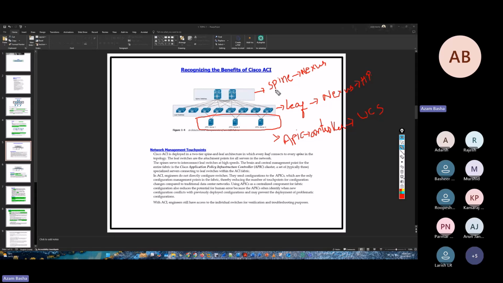Spines are the lower models of Nexus with fewer ports. That much you have to remember. You can go on Google and see which model is supported on the day that you are buying Cisco ACI.